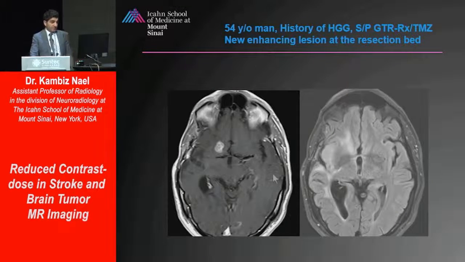So this example highlights the importance of having both DCE and DSC, at least in our practice. This was a 54-year-old man with history of high-grade glioma, status post gross total resection, treated with radiation and temozolomide, and he developed this new enhancing lesion at the superior margin of the resection bed.